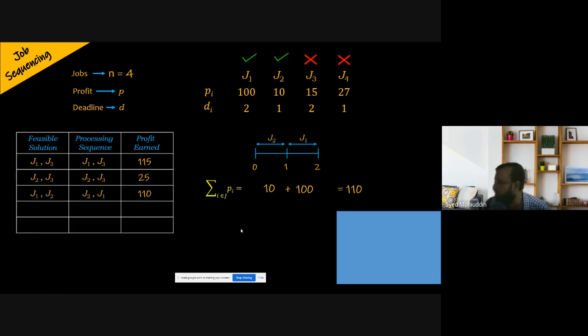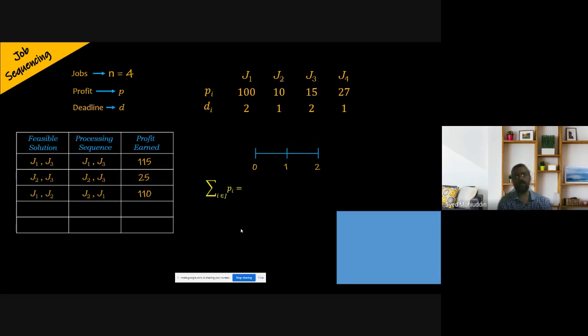Now what are we doing here? We are trying to just randomly pick up jobs and try to schedule them and find whether the profit is earned or not. But what is the greedy method of solving?